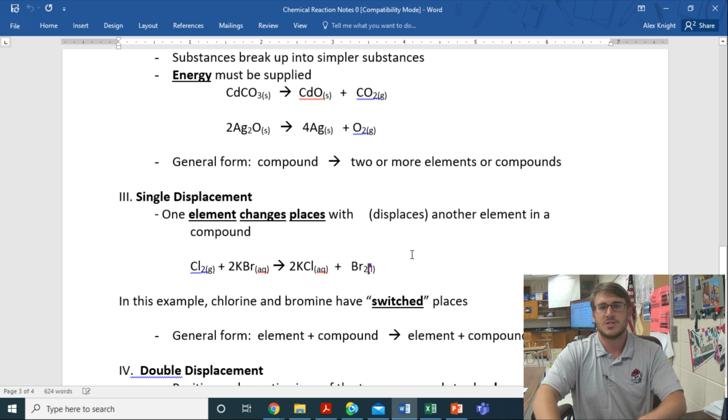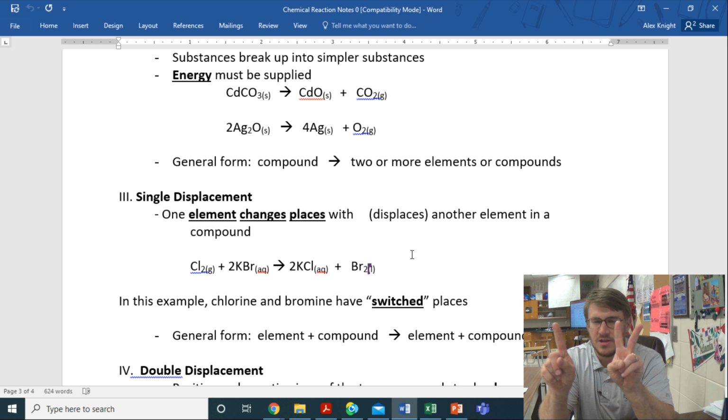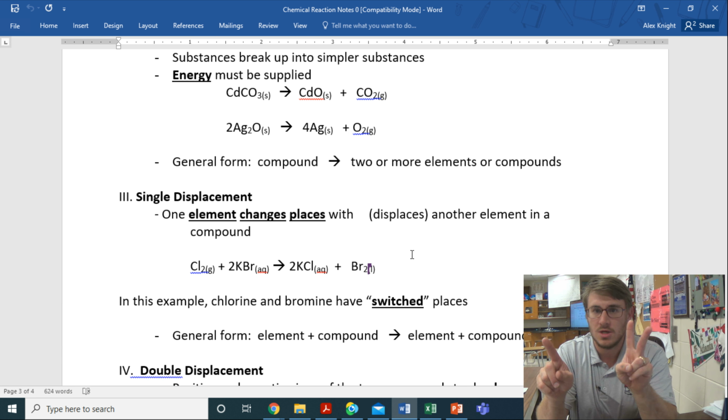Next one is single displacement. We take an A and a BC, and you get either an AC and a B product, or you get a BA and a C product. The thing that gets swapped matters, because if the anion swaps with a cation, that means you have 2 anion possibilities and they just swap places.